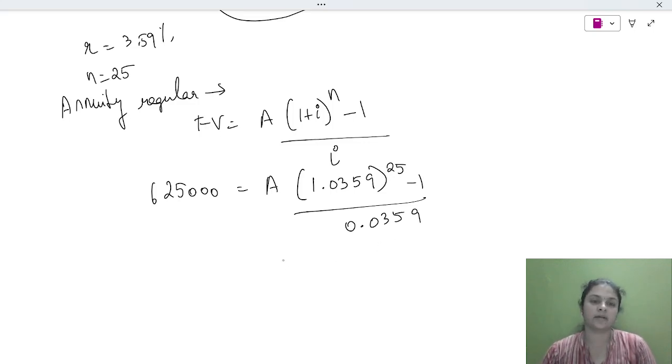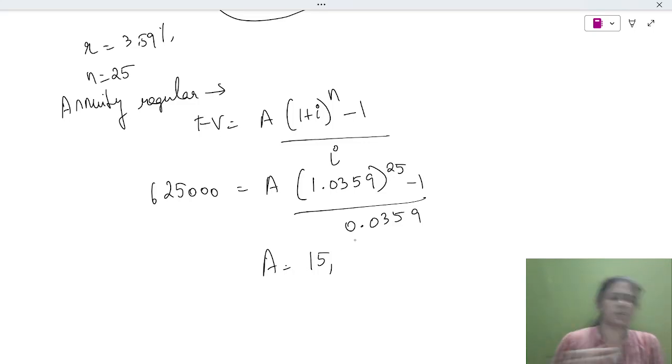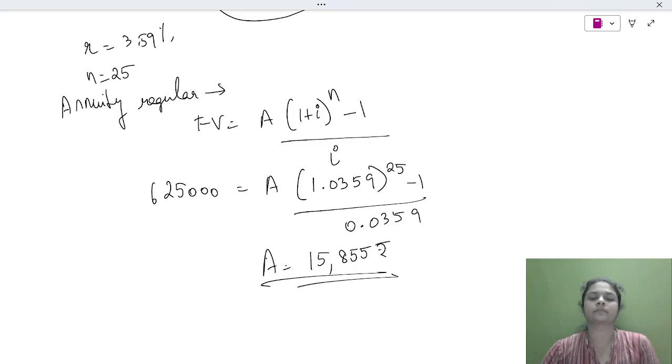You will get the approximate annuity amount as 15,855 rupees.